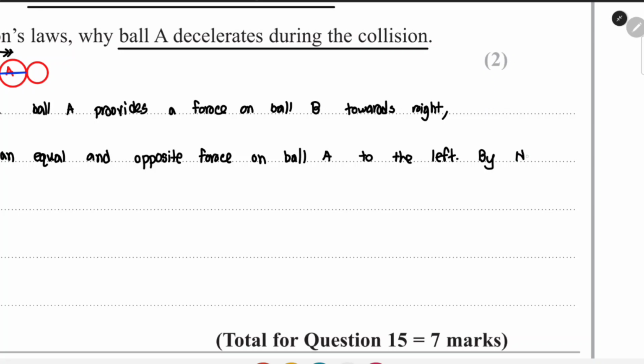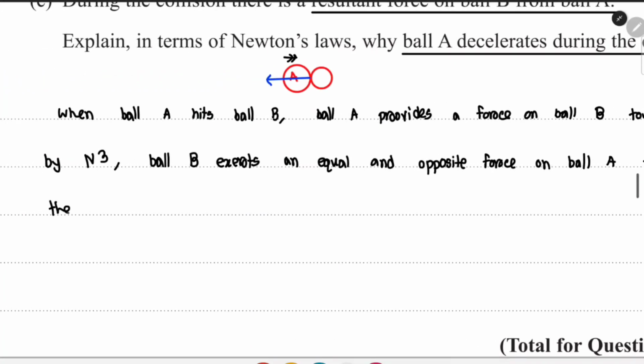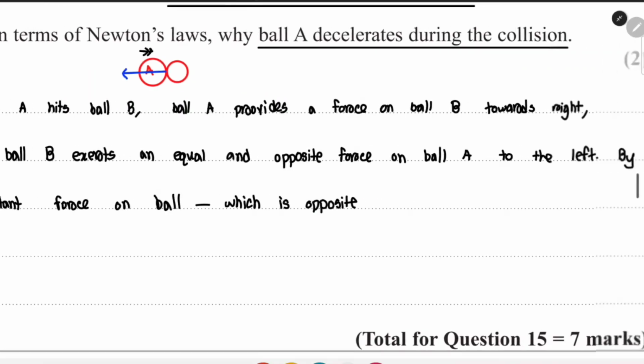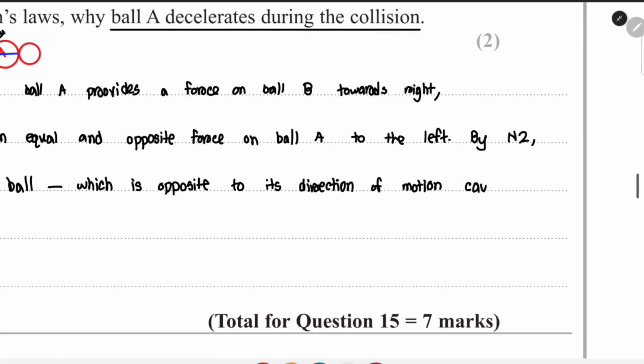Now by Newton's second law of motion, N2, the resultant force on ball A, which is opposite to its direction of motion, causes ball A to decelerate.